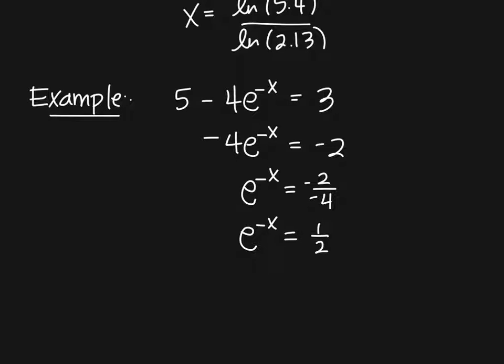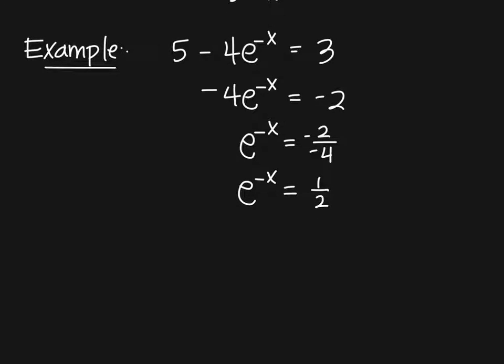And then you say, okay, where's the x? It's in the exponent. Where do I want it? In the front. How do I make it happen? ln. So ln on both sides. Kick the x to the front. Negative x, actually, to the front of ln e.